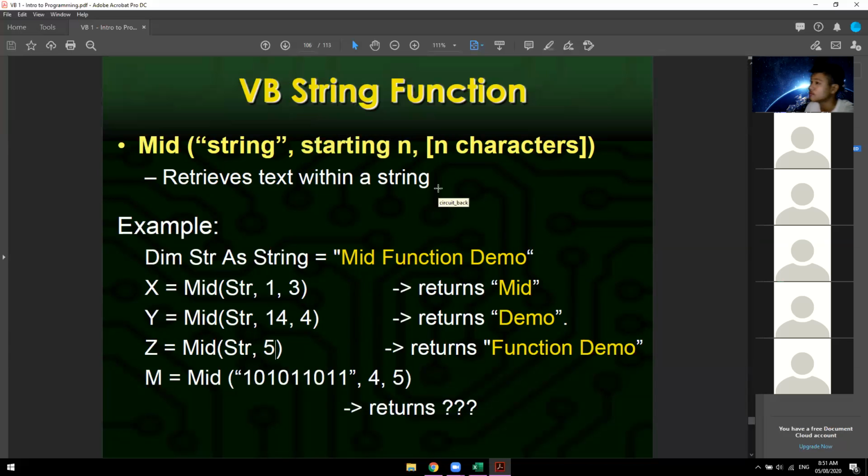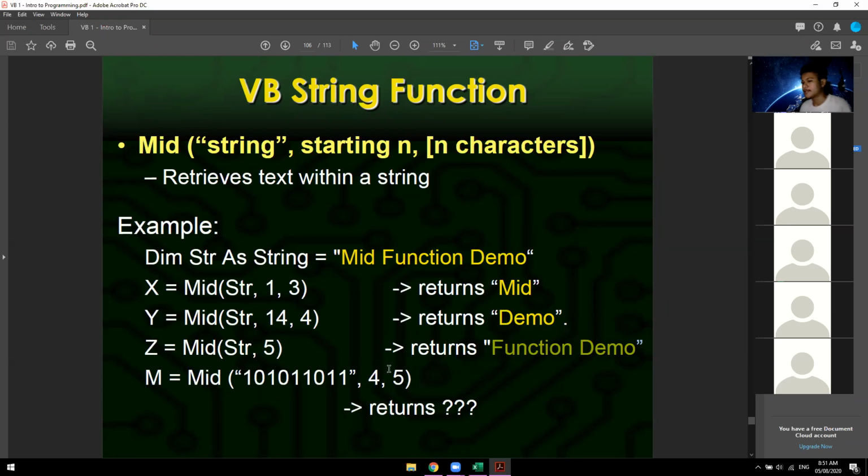Huwag niyo nang i-include yung characters na gusto niyo i-retrieve. Count na kayo 5. 1, 2, 3, 4 yung space, and then 5. So function. Dito na mag-i-start, and then kung ilan man yung natira, yun na yung result. Ganoon lang kasimple.